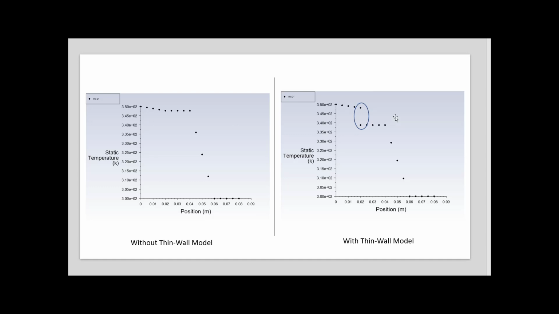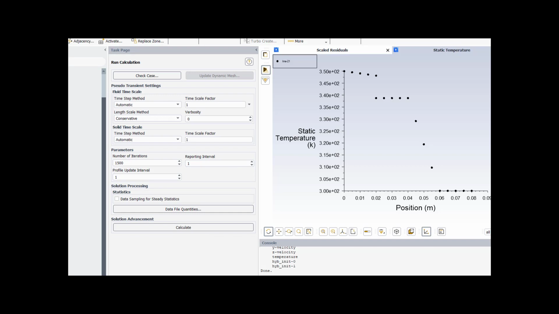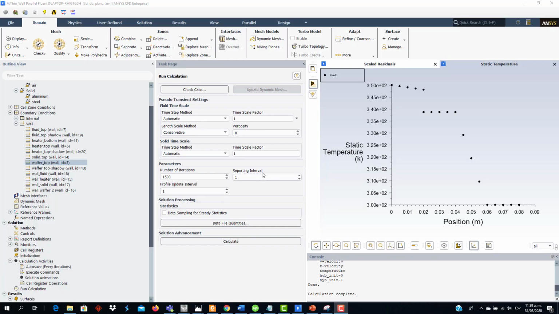But as you can see here, the use of thin wall allows us to take into account, for example, the effect of the contact thermal resistance when two solids are together, or also if I have two fluids that are going to be separated by a solid sheet, then I can also use the thin wall model. Remember that for using this model, you only have to go to the boundary condition and change the value of the wall thickness.